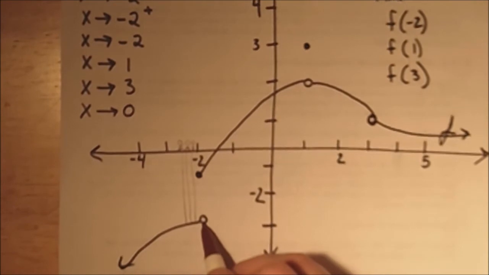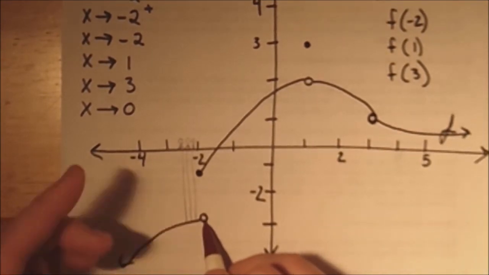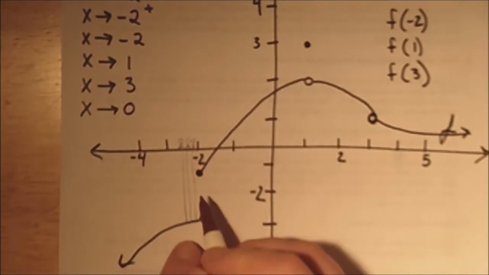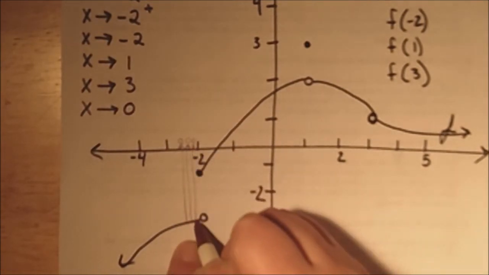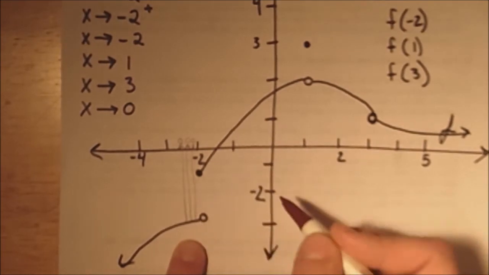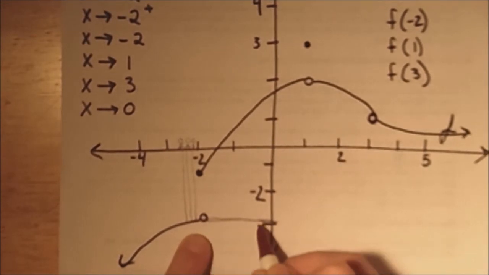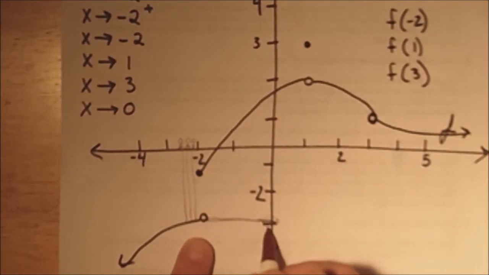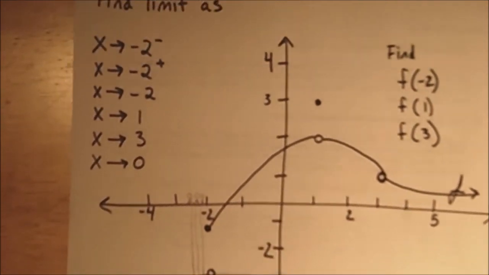Remember, to find a limit as x approaches negative 2 from the left, I never actually step right on negative 2. I just walk up to it, closer and closer from the left-hand side. And as I do that, I can see functional values getting closer and closer to negative 3. So my limit as x approaches negative 2 from the left would be negative 3.